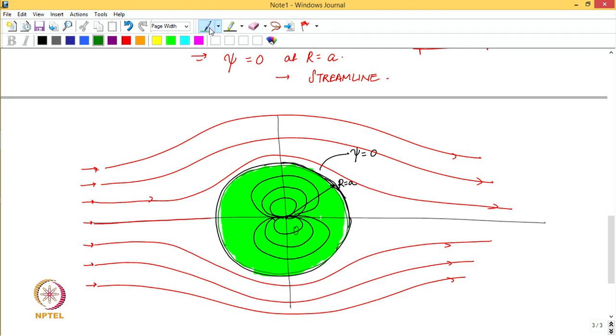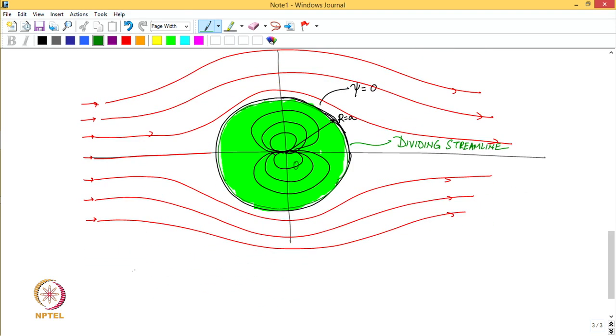Okay. And outside this streamline, which is now what I am calling a dividing streamline, the uniform flow prevails, or the effects of the uniform flow prevail.